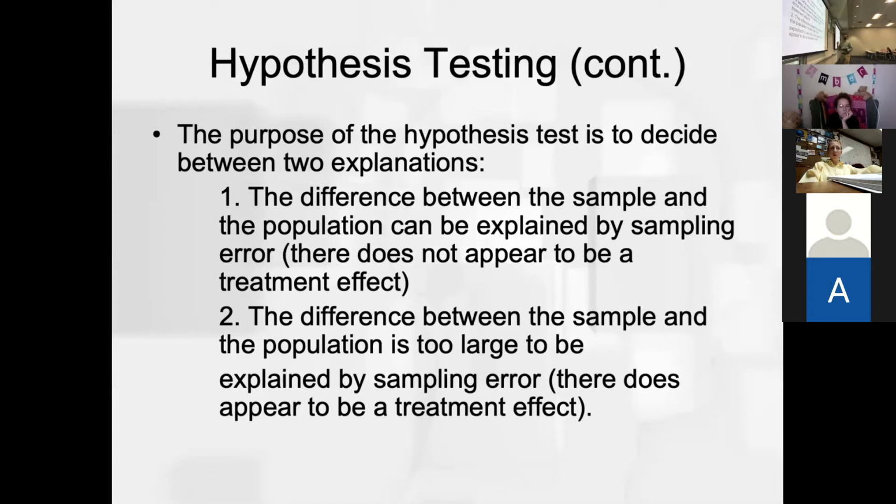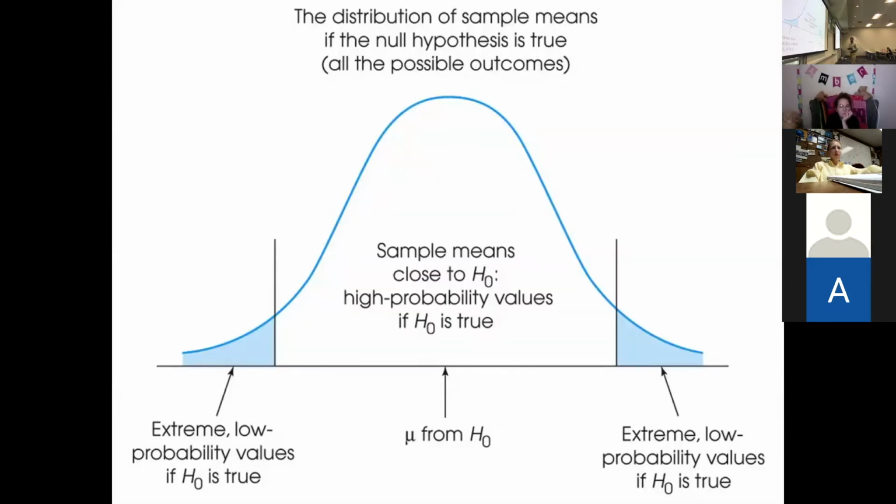So the next logical question is, how do we know what that cutoff is? How do we know what's too big of a difference to just be due to chance? Well, we're going to be using a very similar approach to what we were doing with the z-scores, right?